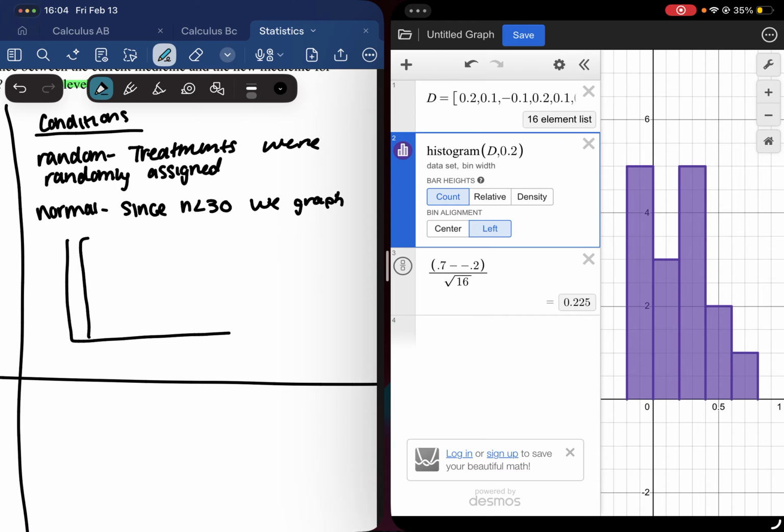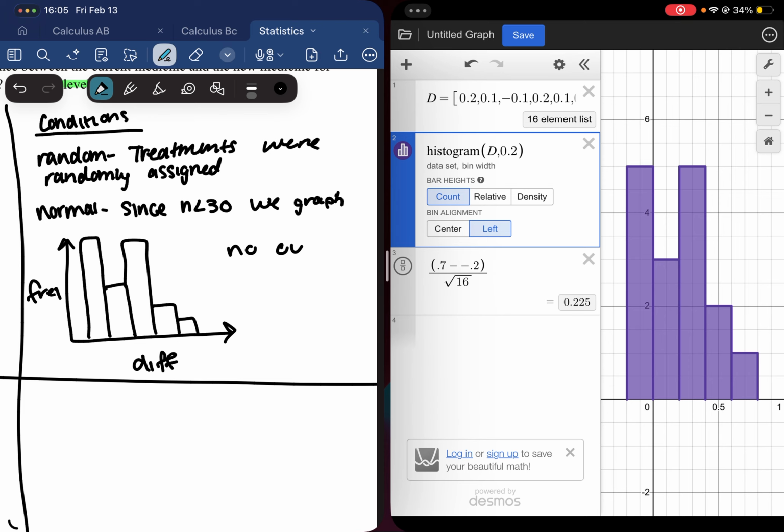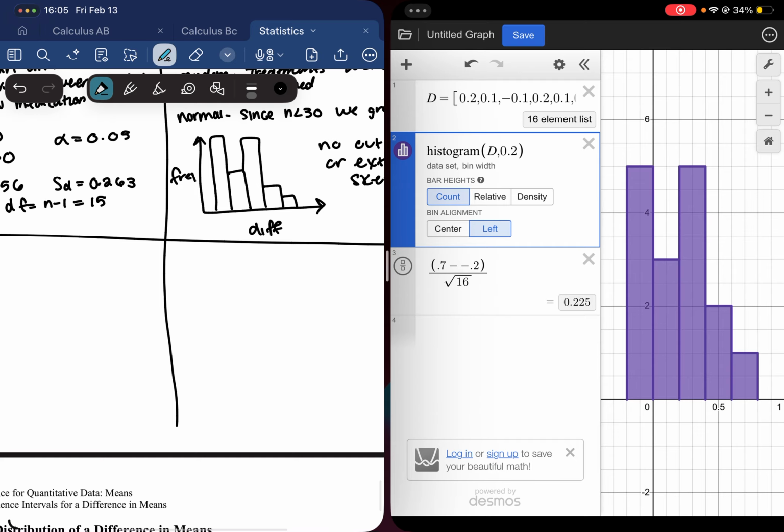And then it just needs to be a rough sketch with your labels on both axes. Okay, and then you're going to see if there's any outliers or extreme skewness. So there's no outliers or extreme skewness. So we can move on to the next part of the problem.